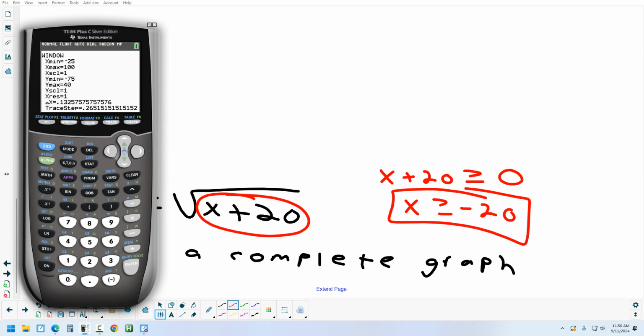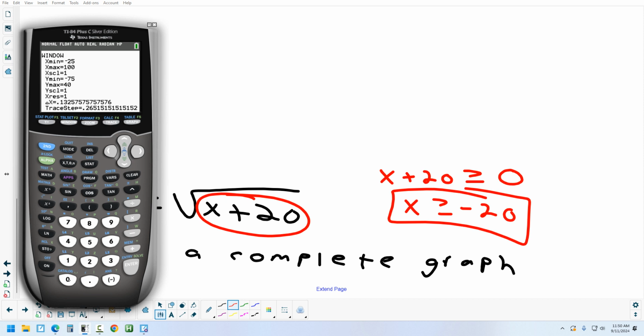Now, if you filled in 100 for x, what's 100 plus 20? 120. And the square root of 120 is pretty close to what number? If it was 121, it would be 11. It's 120, so it's probably like 10.9 something.